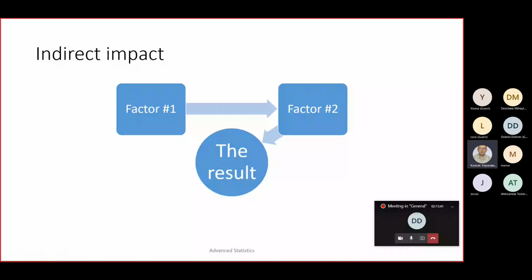For example, would you say, is there a relation between education and salary? Yes, usually there is. Yes, but the second question is, is the relation between education and salary direct? It's more via qualifications.